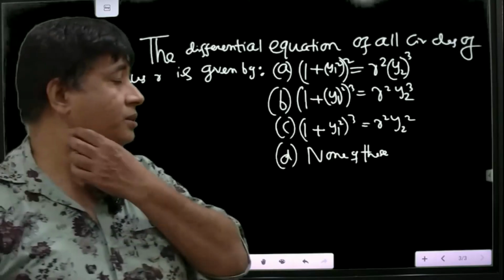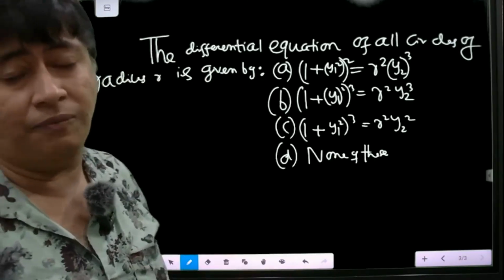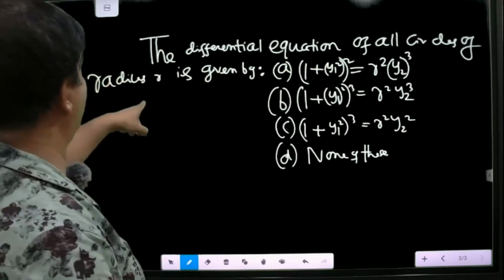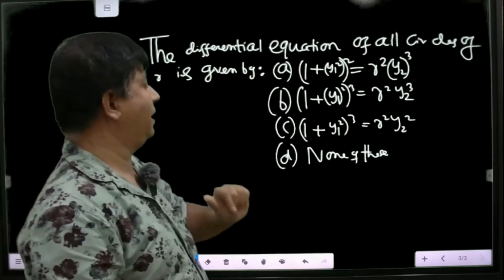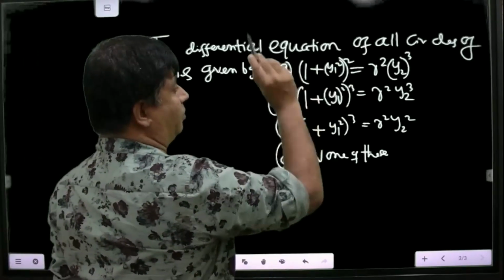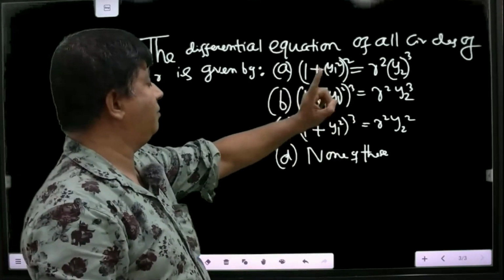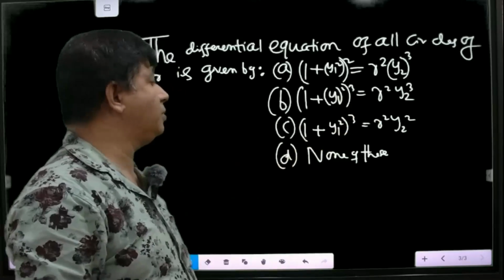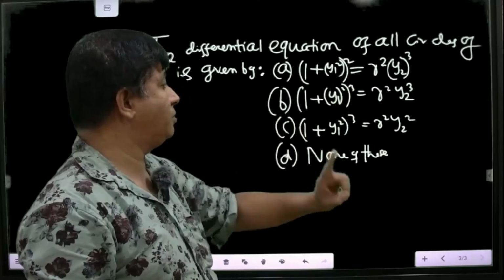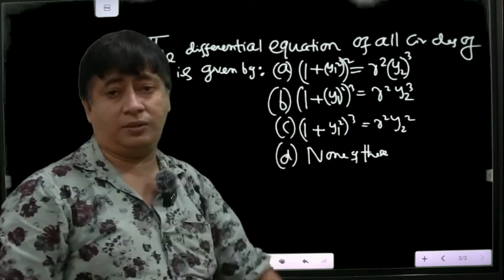Okay, let us take one example which involves the formation of differential equation. The differential equation of all circles of radius r is given by, four options are given. 1 plus y1 square whole square is equal to r square y2 cube. 1 plus y1 square whole cube is r square y2 cube. 1 plus y1 square whole cube is r square y2 square, and none of these.